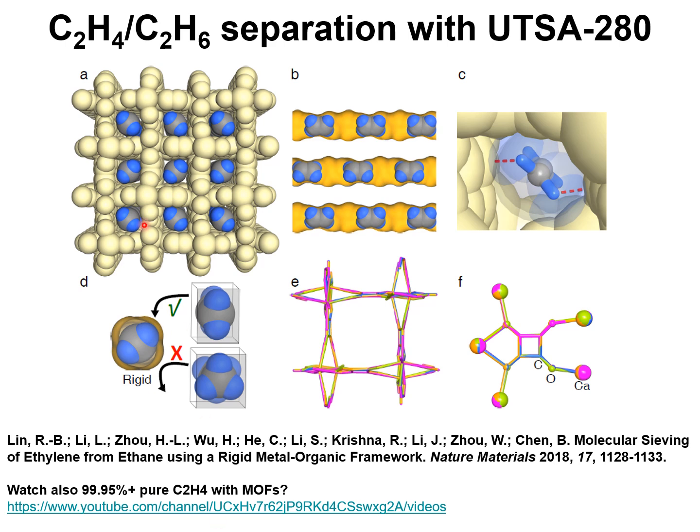The separation of mixtures of ethene and ethane is important in the context of preparing C2H4 feedstocks to the polymerization reactor. A very promising material for the separation is UTSA280, described in this paper published in Nature Materials in 2018.